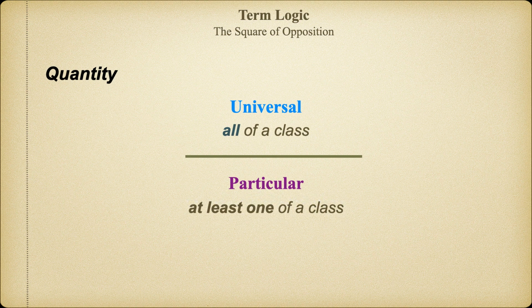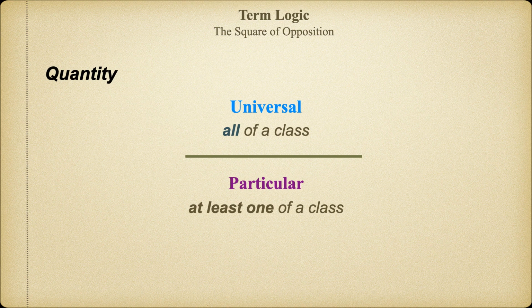Two of our propositions are universal in quantity, that is, the universal affirmative and universal negative, the A and the E, and two are particular, the particular affirmative and the particular negative, the I and the O. Perhaps this reflects an unconscious Platonic bias, but let's put the universals on top and the particulars below. Of course, Aristotle held that universals, or secondary substances, contained all the common properties of particulars, so maybe this is not just a Platonic bias after all.